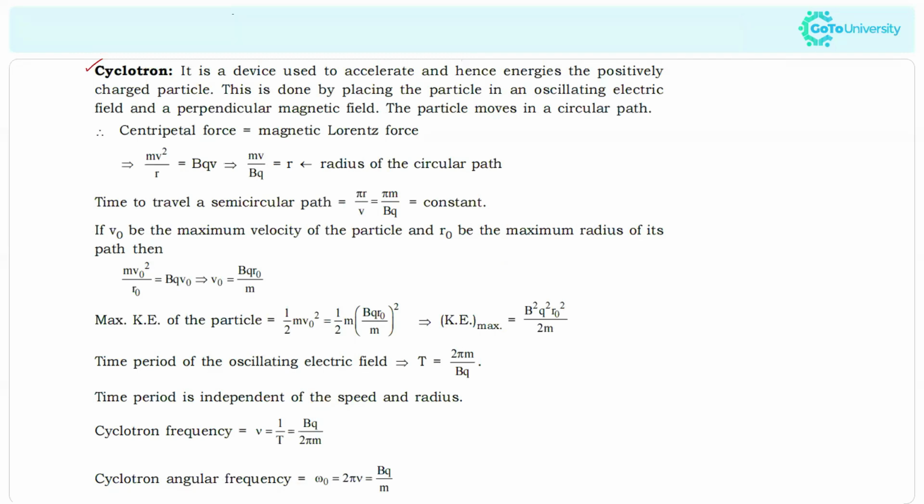This device is used to accelerate and enhance the energies of positively charged particles. This is done by placing the particle in an oscillating electric field and a perpendicular magnetic field.